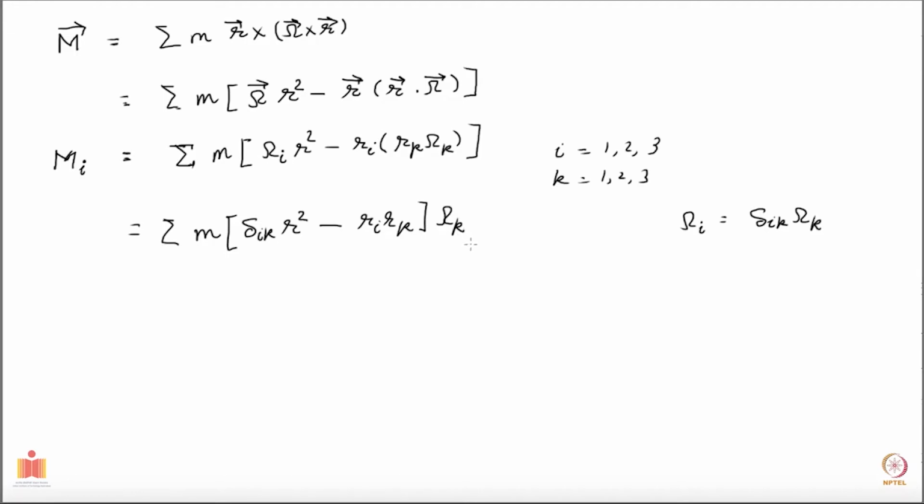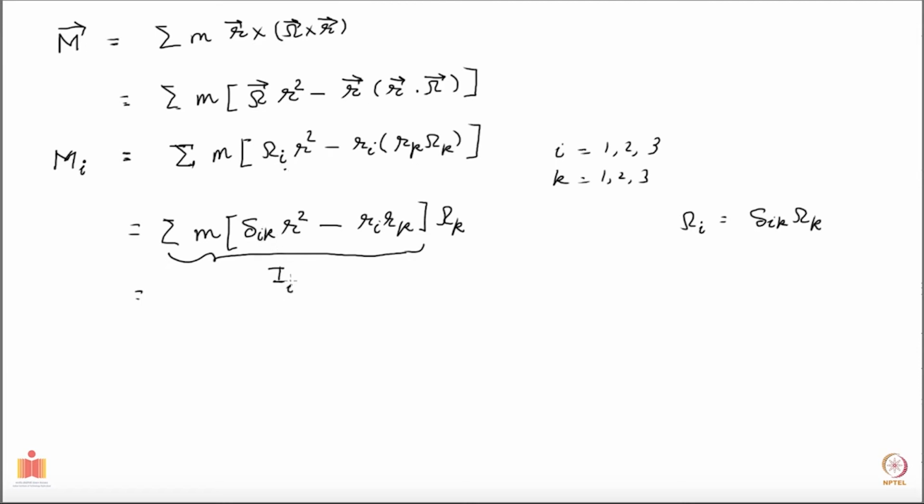Now see, this omega k is for the entire body, right? This is not specific to this point or that point in the body, so this does not care about the index which this summation, let's call it alpha, carries. Those indices are only on the r's, so I can write it down as, if I define this thing as I, now how many indices should this carry? If it was a vector, it would have one index i, but you see it is something else, it has two indices.